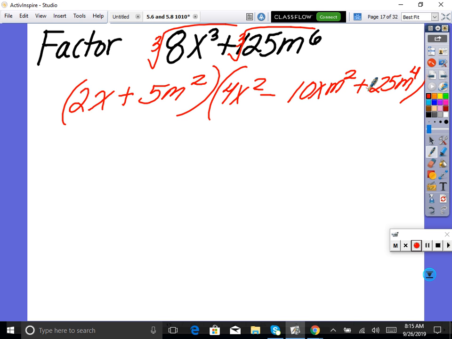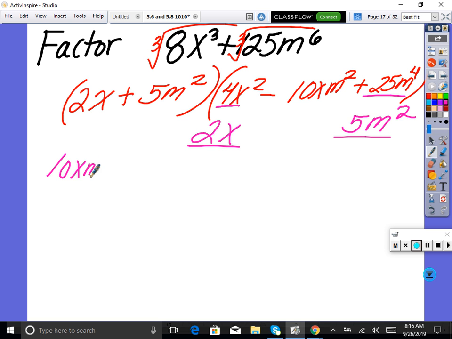And I want to point something out. Like I said, do we have right here a perfect square and a perfect square? 2x and 5m squared. But before, it does have a middle term, doesn't it? Remember, before you can use your trick, don't you need to check? What's this times this? 10xm, and there's going to be 2 of those.